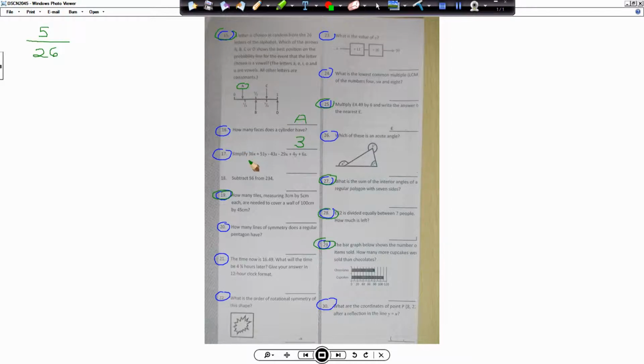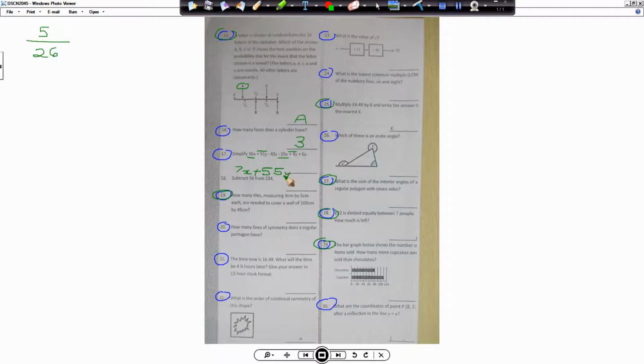Okay, for number 17, we need to simplify this. So we do all the x's together. 36x minus 29x will give us an answer of 7x. Then we do the y's together. We have 51y plus 4y. 51y and 4y will give us 55y. Are you guys struggling to do basic arithmetic?